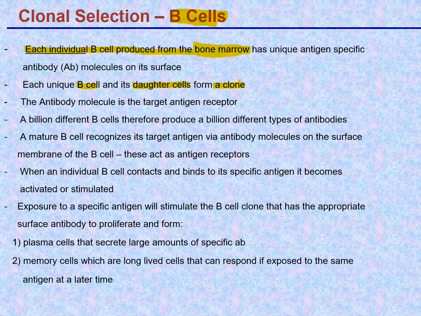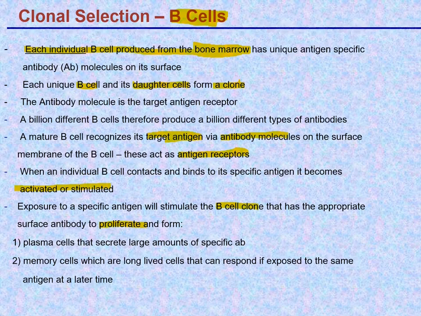A single mature B cell will recognize its target via the ends of the antibody molecules on the surface. These are the antigen receptors, the two antigen binding sites at the ends made by the variable light and variable heavy chains. If it contacts and binds its antigen, it becomes activated or stimulated and starts to proliferate. In other words, it stimulates the B cell clone to multiply, and the cells will do two things.